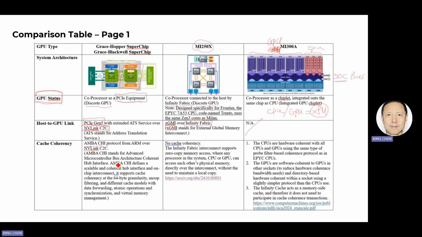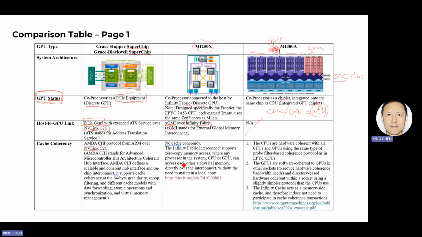You have the license, you put that on the system, and you have it run on the NVLink C2C, and this is the way for Nvidia to make it work. So it has this kind of cache coherent protocol to guarantee that the GPU and the CPU's cache will be coherent. So this is the cache coherency.